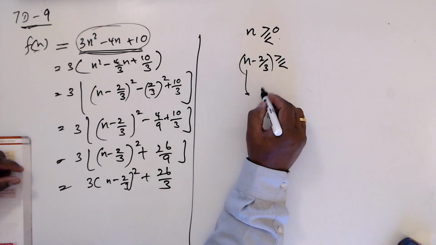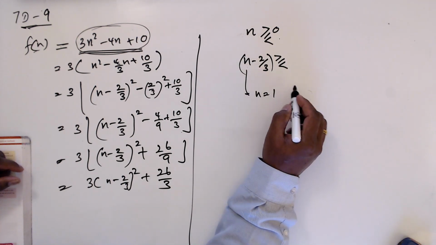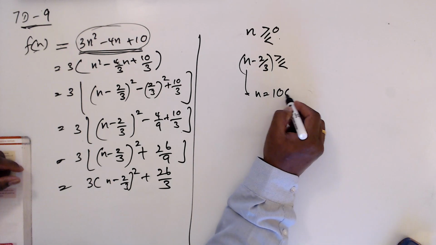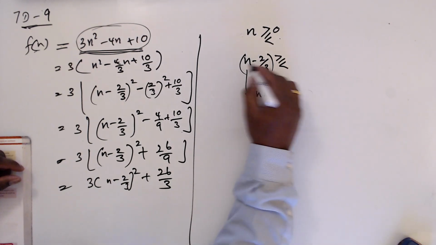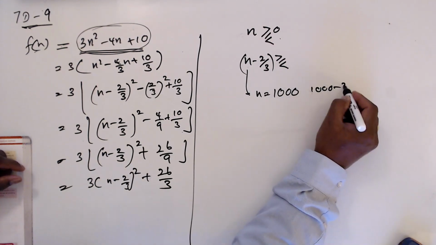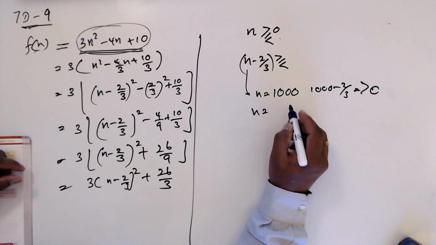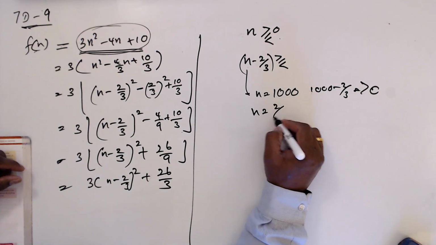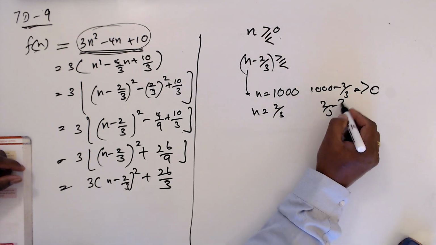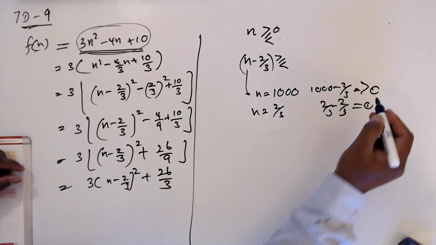I'll discuss again. If n is 1000, so 1000 minus 2 over 3 is greater than 0. If n is 2 over 3, 2 over 3 minus 2 over 3 is 0.